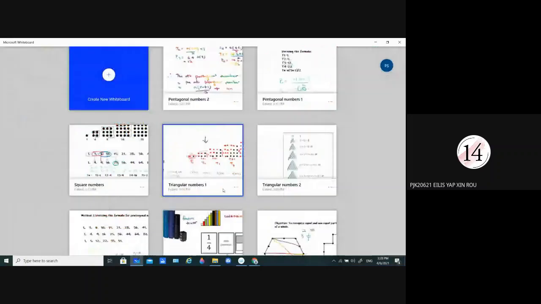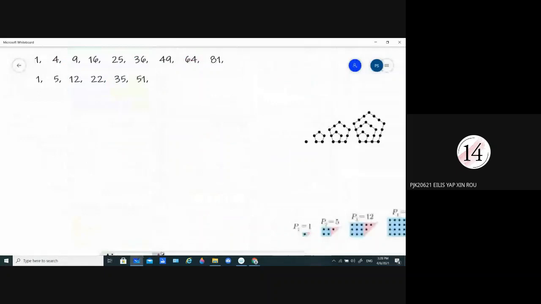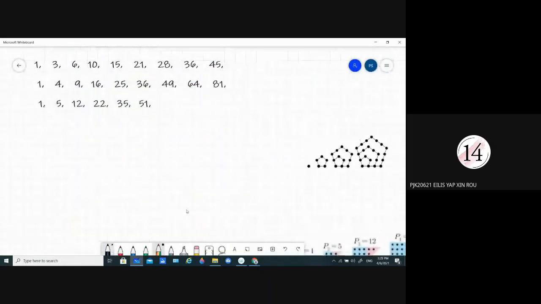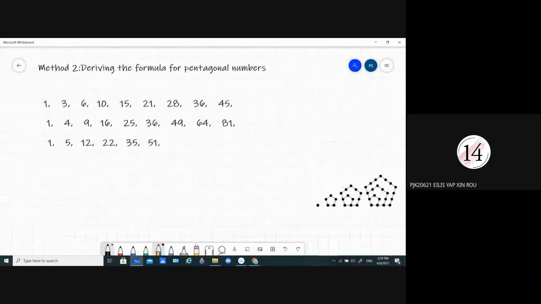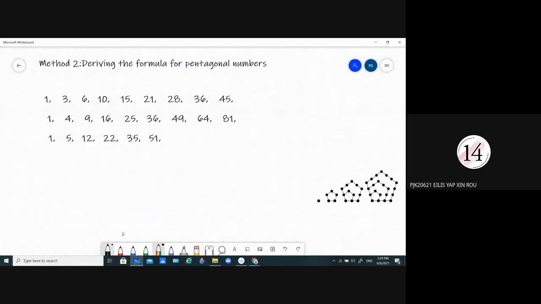Okay, then let me show you another method of deriving the formula for pentagonal numbers. So here we want to derive the formula for pentagonal numbers again. What number is this? The first row here, what type of numbers are these? Triangular.